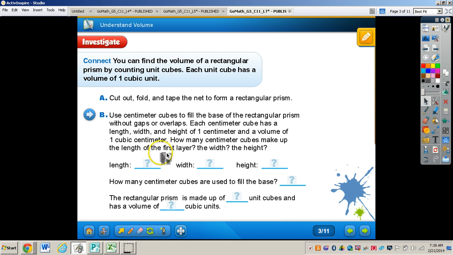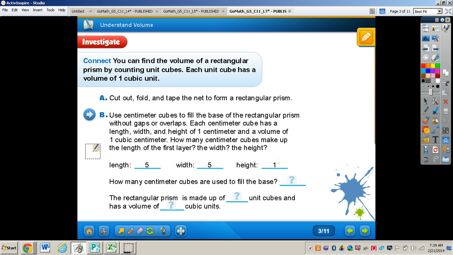You can see within your shape that there are 5 centimeter cubes that make up the length, 5 centimeter cubes that make up the width, and then finally 1 centimeter cube that would make up the height.